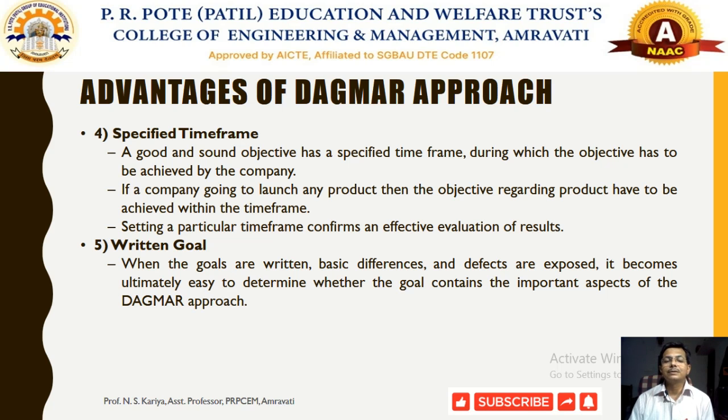Ultimately, it is easy to determine whether the goals contain some important aspects of the DAGMAR approach or not. Once we know how effectively our advertisement program has been defined using this DAGMAR approach, only then are we in a position to define our advertising strategy and other mass strategy to convince the targeted group of customers.